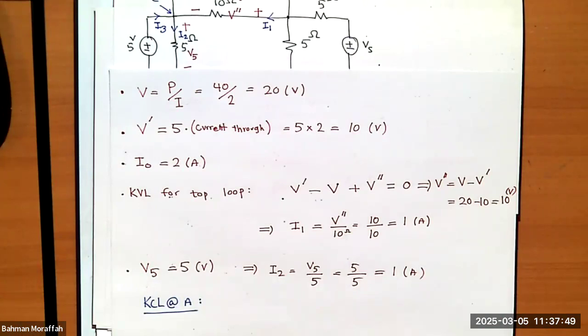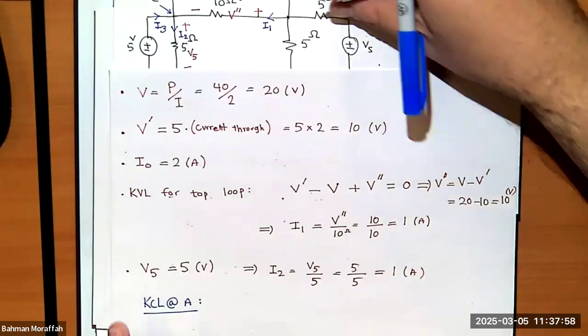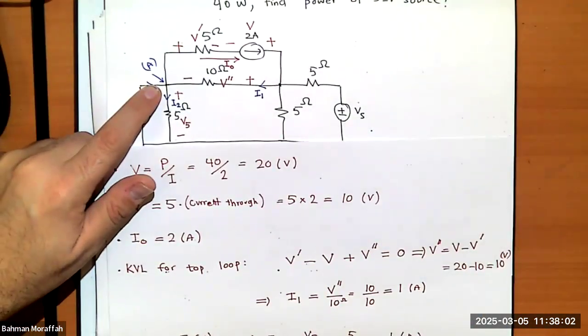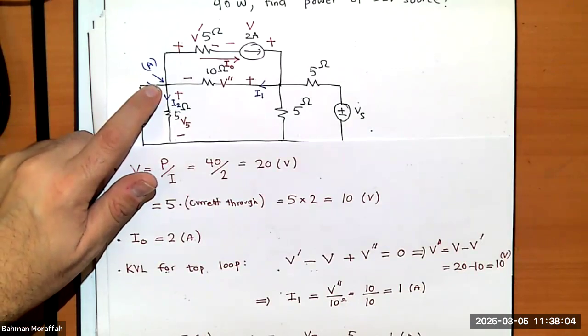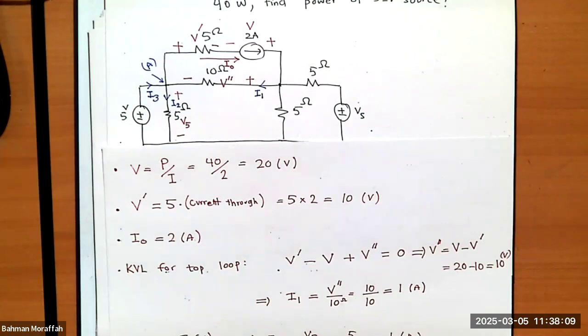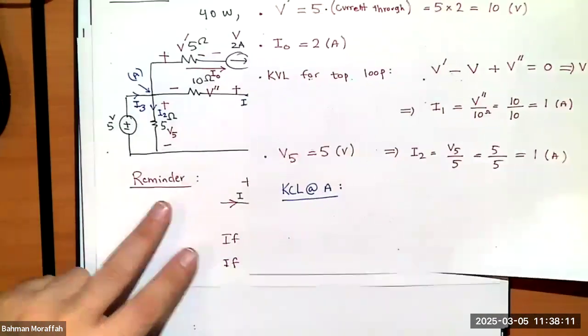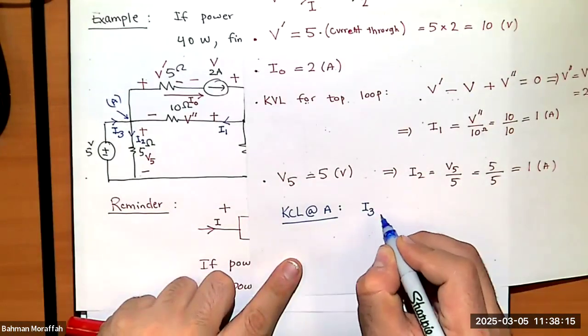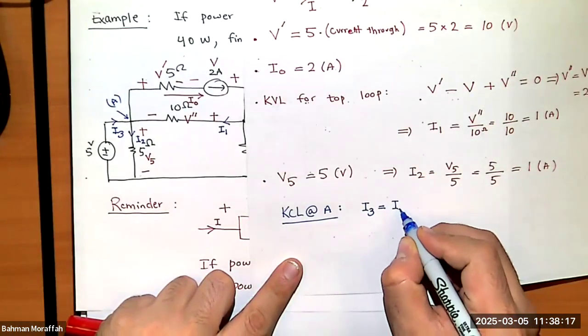It tells me whatever current goes in must be the same as the current that's going out. In this case, what do we have? I have I3 going in. The rest are going out. So KCL at A tells me I3 equals I2.